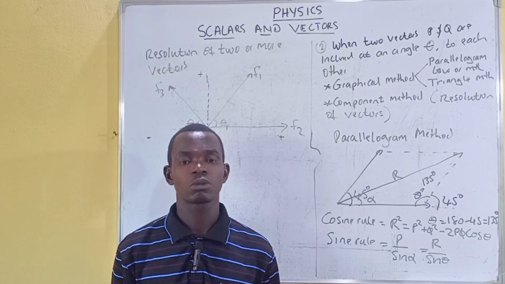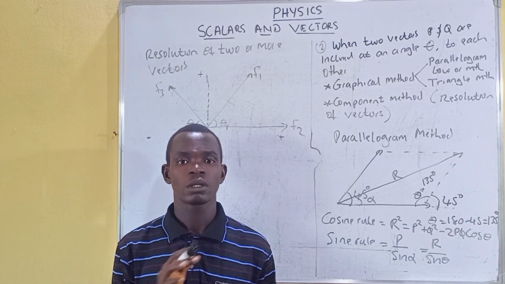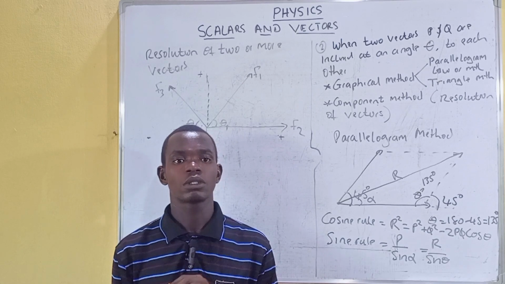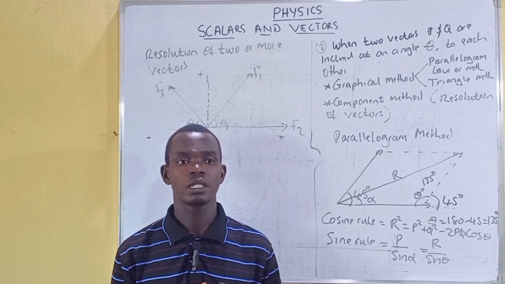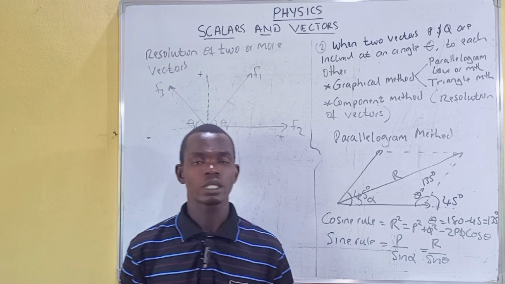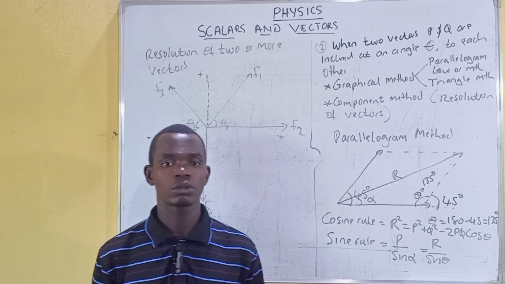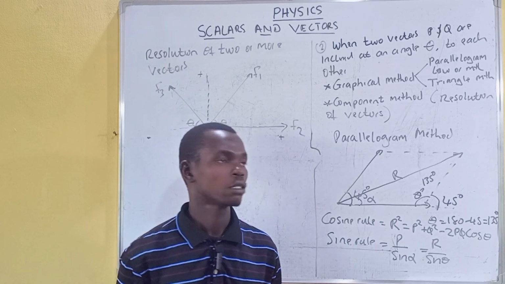And we sum all the vertical components Y and all the horizontal components X. With that, we can find the resultant vector using the Pythagorean theorem.